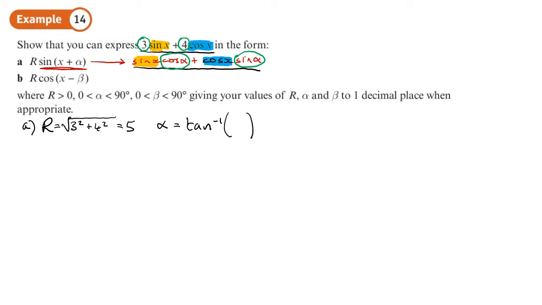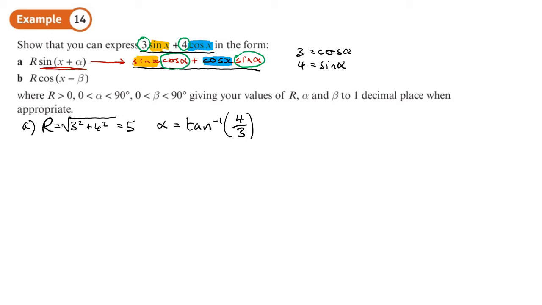So just by matching things up, I can say, well, where the 3 was, there's a cos alpha there, and where the 4 was, there's a sine alpha there. Right, this will help us. Tan is sine over cos, so we need to do the tan inverse of 4 over 3. So all I did was write out the expansion and match up the numbers with where the sine would be or where the cos would be. And you'll see that just makes things much, much quicker.